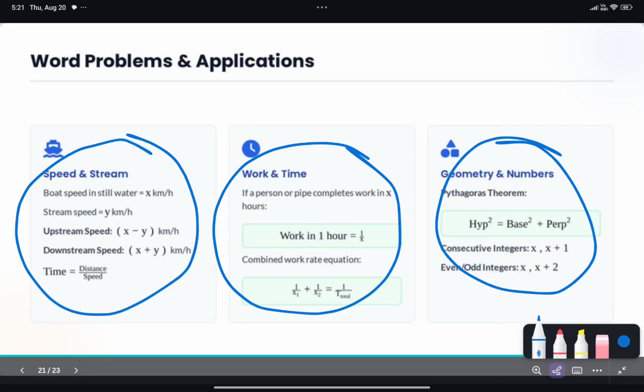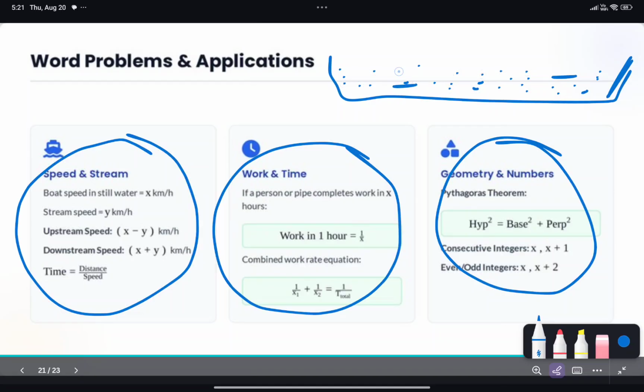I'll explain simply. See, this is some water body. Clear or not? This boat is there.